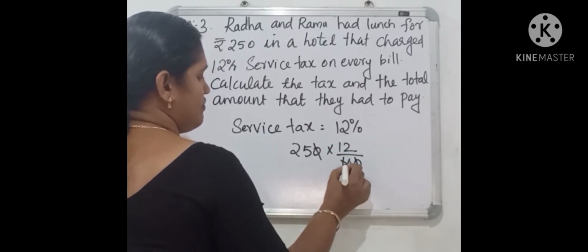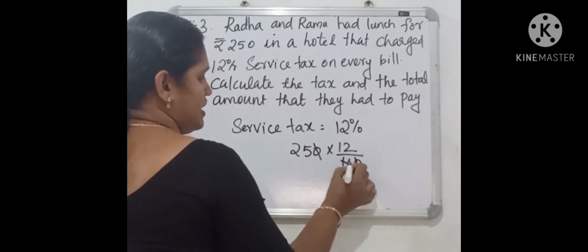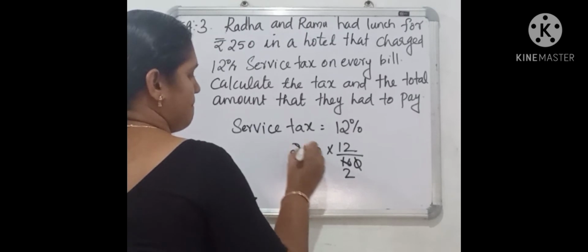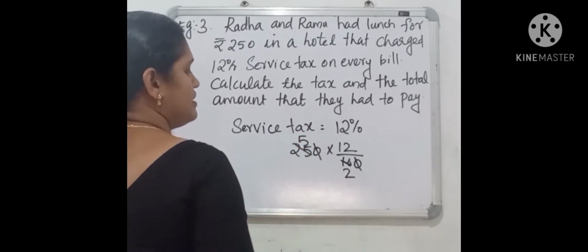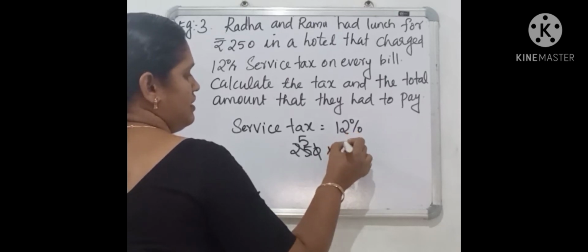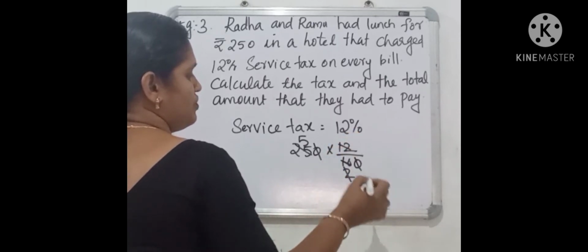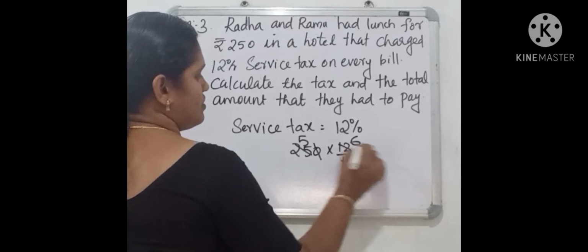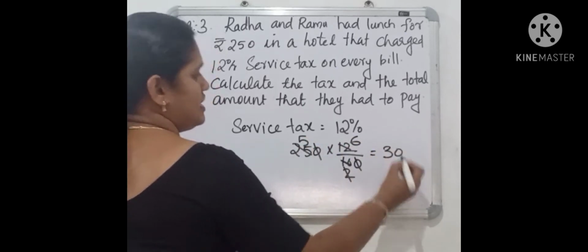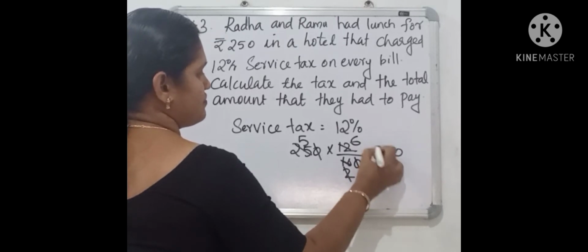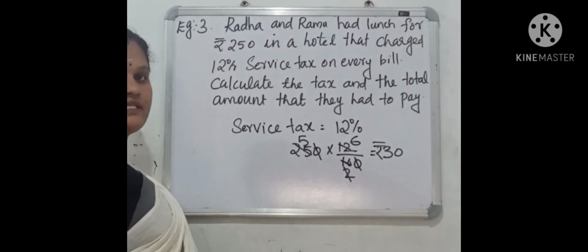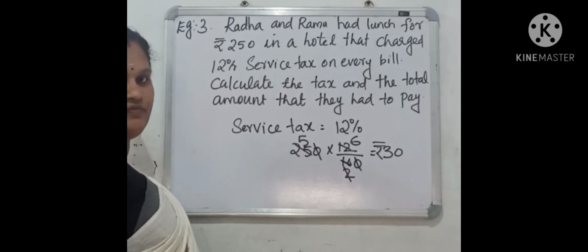This 10 in 5: how many 5s are there in 10? 2 5s. 5 5s are 25. We can cut 12 by this 2. 6 into 5 equals 30 rupees. 30 rupees is the 12% of 250 rupees.